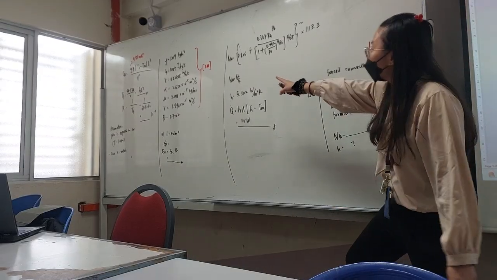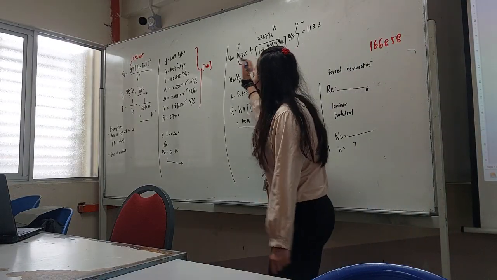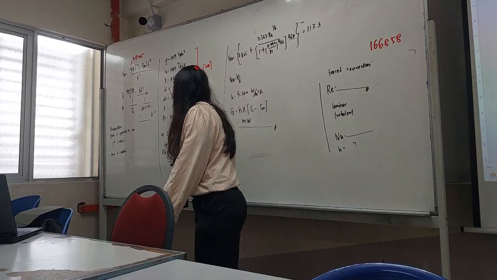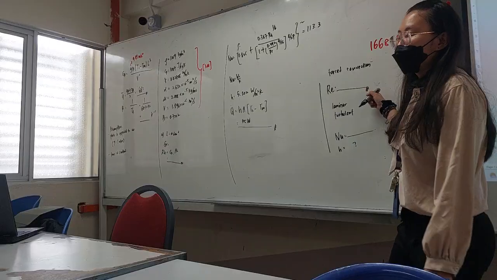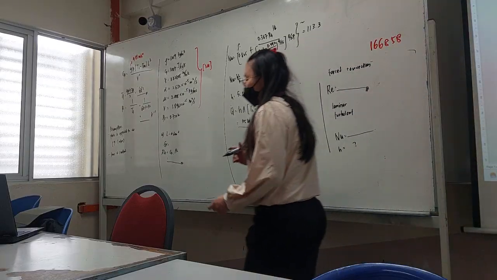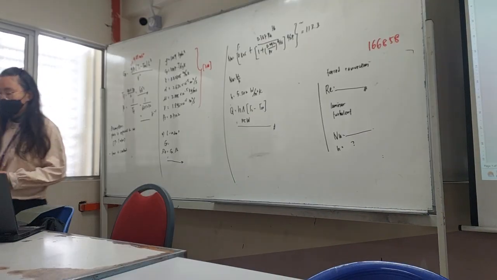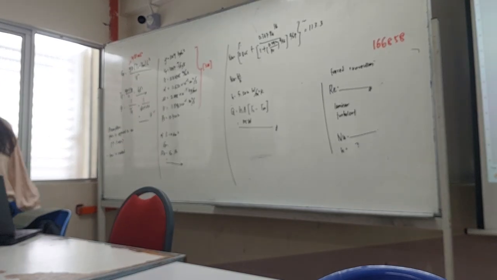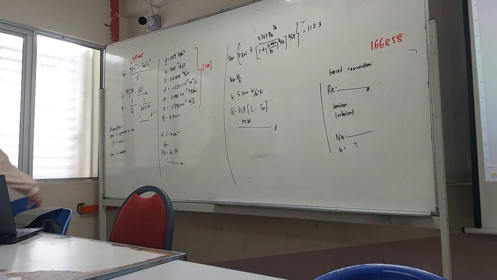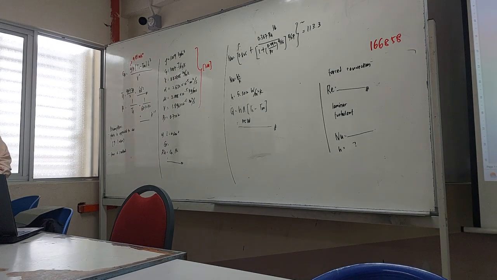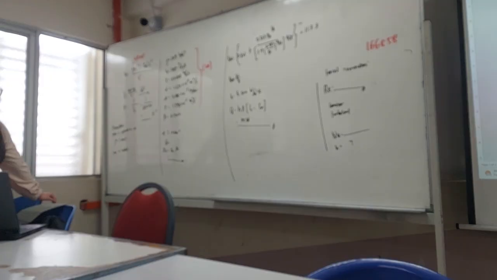For natural convection, you calculate the Rayleigh number. Forced convection is calculating the Reynolds number. So that's why for this topic you need to memorize the value, as the value is not given. Then you identify whether it is laminar or turbulent.